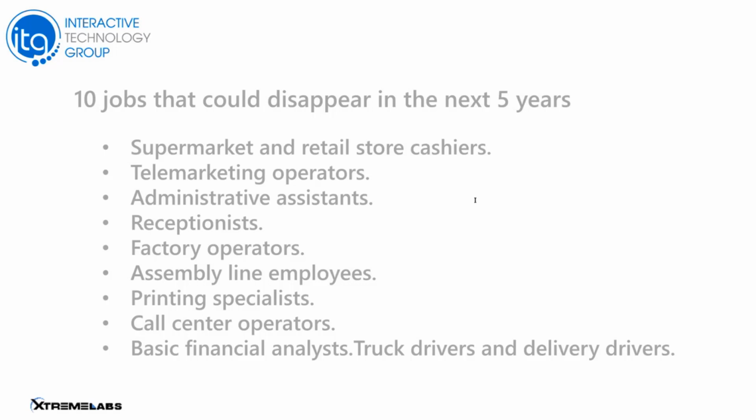So for example, we can look at it from two aspects: a replacement point of view, and an enhancement point of view. If you're working at a supermarket or retail store as a cashier, from a replacement point of view, automated checkout systems and self-checkout kiosks can handle transactions without the need for human cashiers.